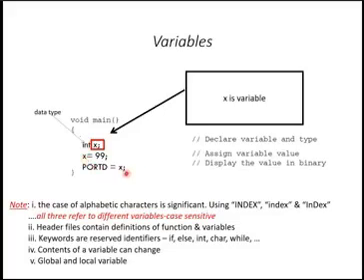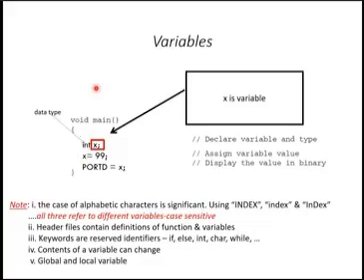Only alphanumeric: A to Z, capital A to Z, or 0 to 9, and underscore here, not including the bracket. The middle one is underscore, not this one. Instead of space, you cannot use space when declaring a variable, so you need to use underscore.